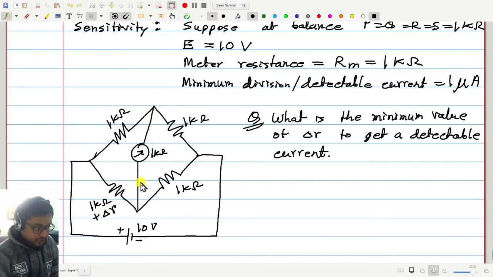That is also a measure of sensitivity, that is the amount of deflection divided by the change in delta R. Here I am asking what is the minimum value of delta R to get detectable current, which is 1 microampere. Let us see that. Okay, solution.